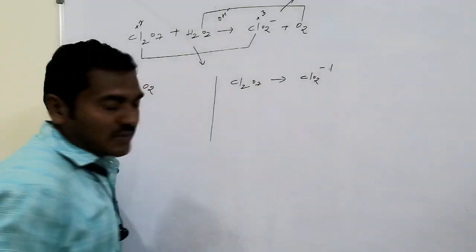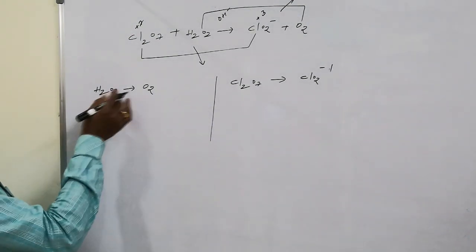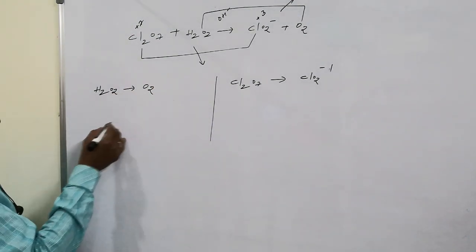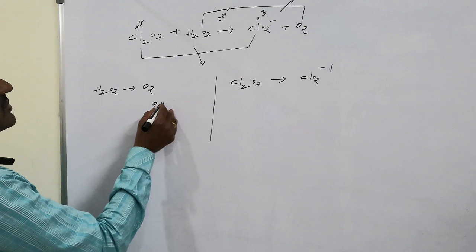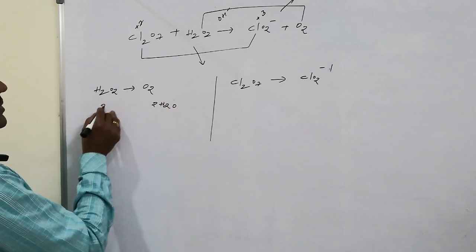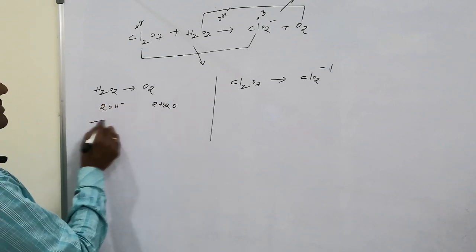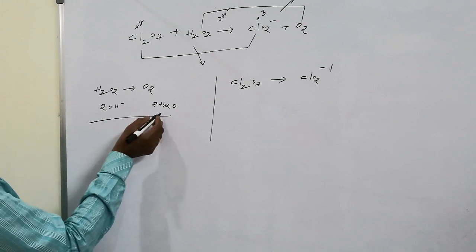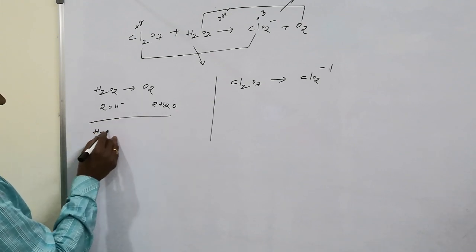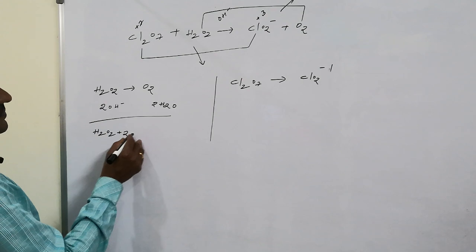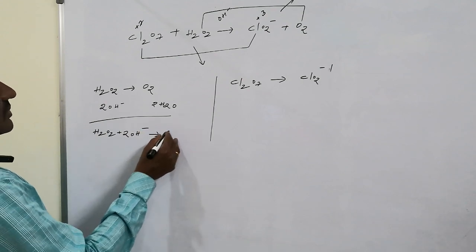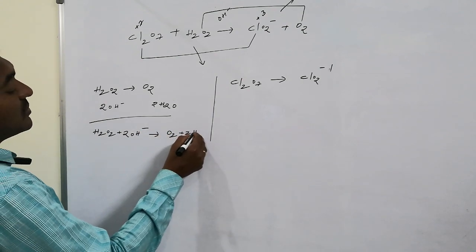To balance, the oxygens are balanced, and because it is a basic medium, here there is a lack of two hydrogens, so 2H2O followed by 2OH minus. Hence the net equation is hydrogen peroxide plus 2OH minus converted to O2 followed by 2H2O.